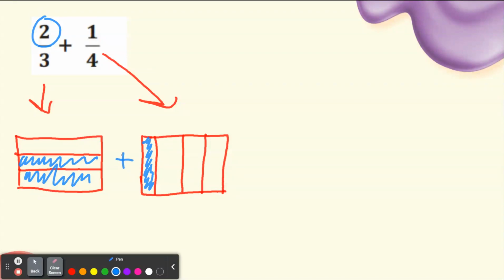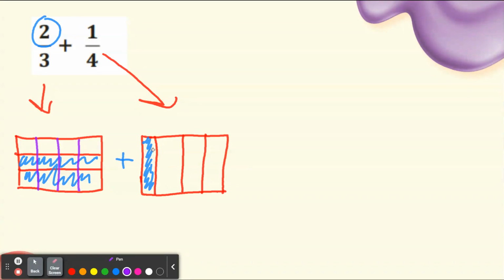Only thing is, though, I have 2/3 and 1/4. I can't just combine them together. But what I can do is I can go ahead and cut my pieces into equal parts. So I can take these thirds and I can go ahead and cut them into 4 pieces, each third into 4 pieces, because what I do to one, I have to do the other. Right?